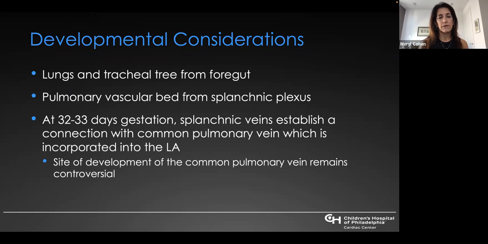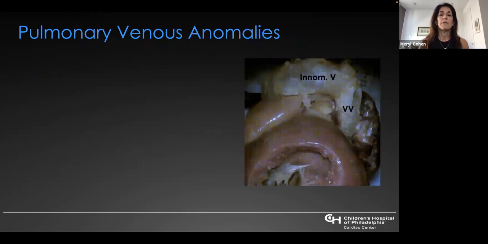The site of the development of the common pulmonary vein remains controversial, but this is basically the concept of how the normal pulmonary venous bed develops.